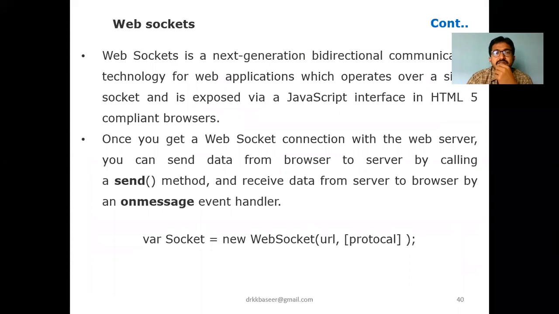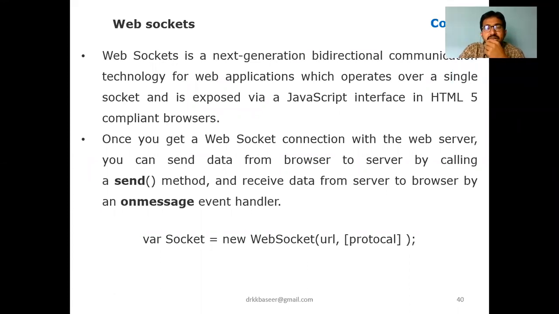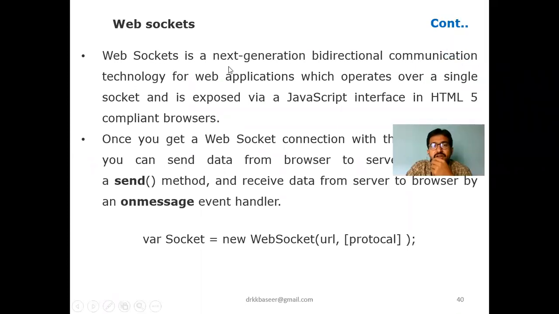Next part we'll discuss the second type of technique for web communication, this WebSocket. Now WebSocket is a next generation bidirectional communication. Bidirectional in the sense of sending a request and getting the response, like send and receive functions.